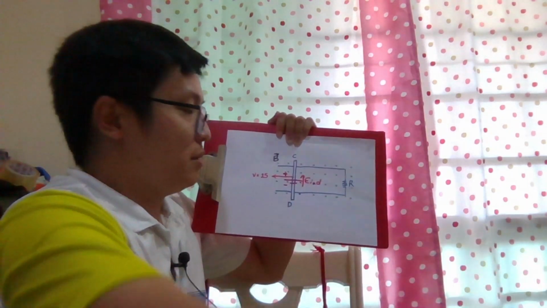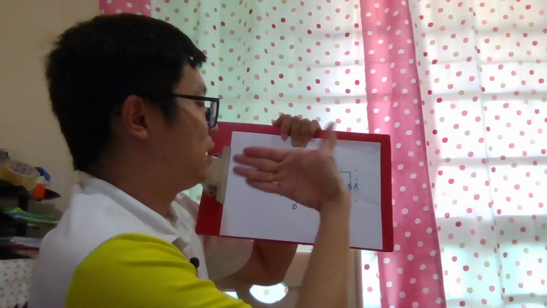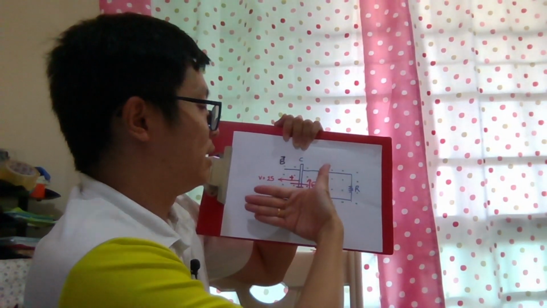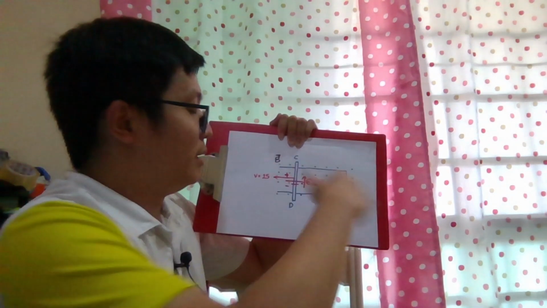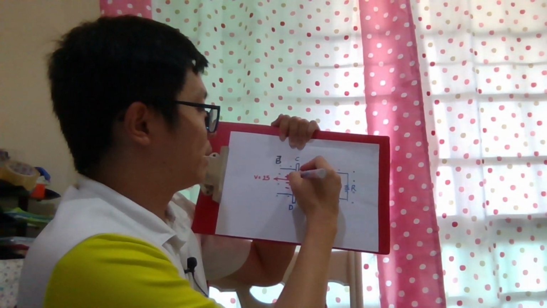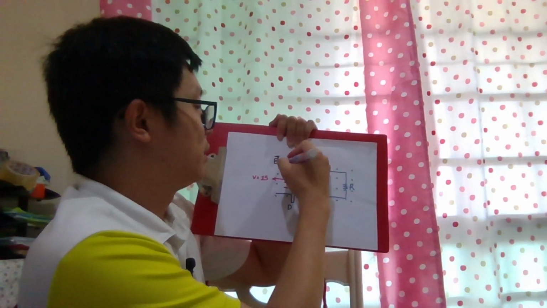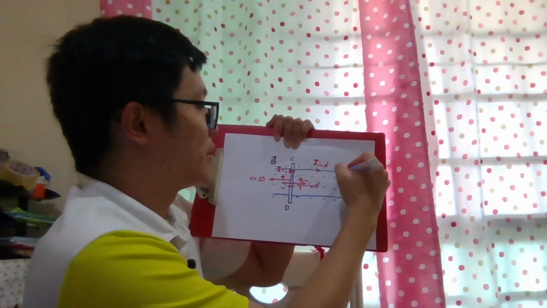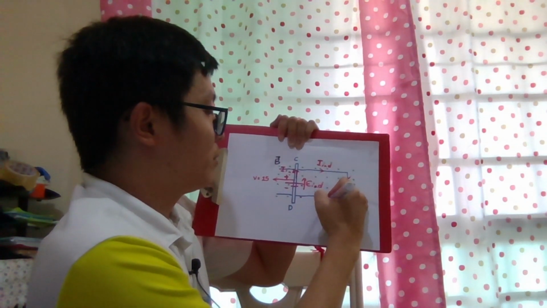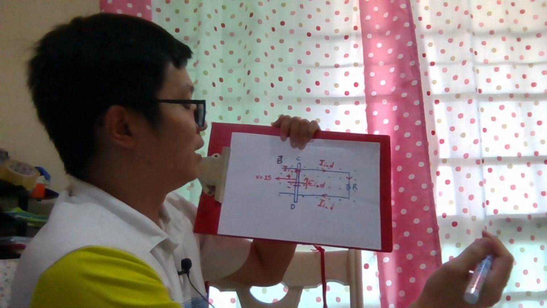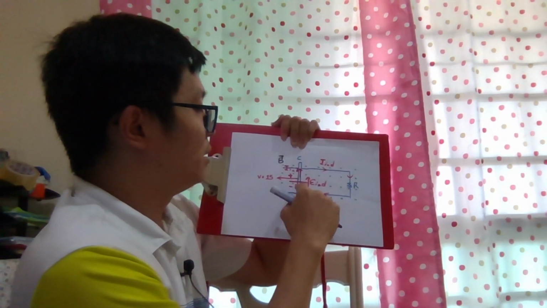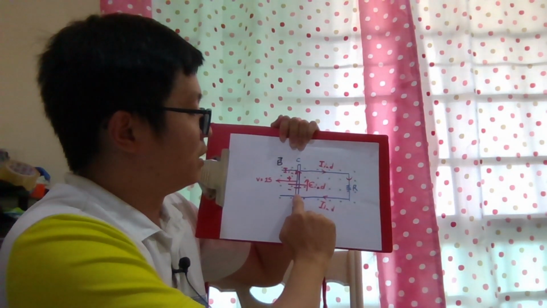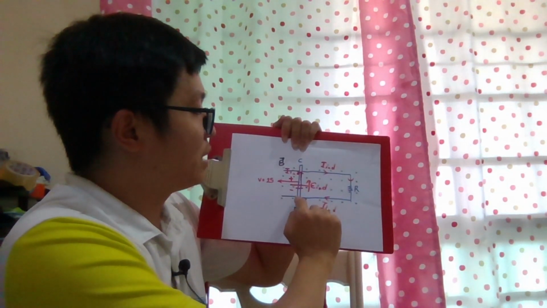Because you see, velocity goes there, magnetic field goes out, so my thumb is going up, so my induced EMF is upward. So my induced current also goes upward. So my induced current is clockwise.